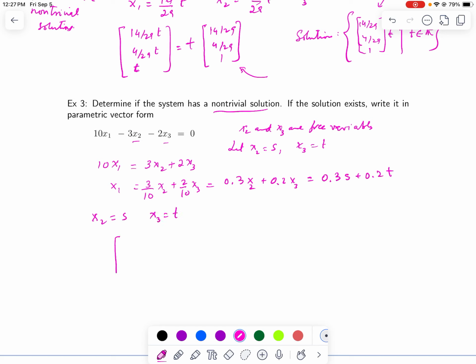So when I write in vector notation, I get that is x1. Now x2 is s and x3 is t. Now what is this?